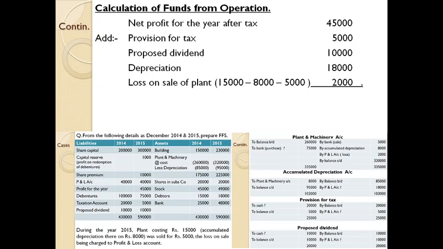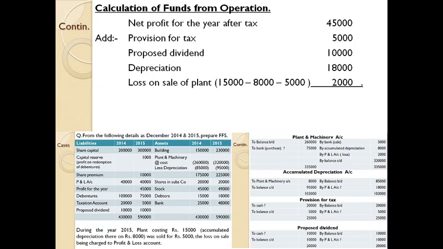You may think that there is one item that appears to be taken to the fund from operation. See here, one reserve is given. Whenever there is a reserve, the difference amount has to be taken to the fund from operation. But in the bracket it is said that it is profit on redemption of debentures. Here the 1,000 is created out of the profit earned from the redemption of debentures.